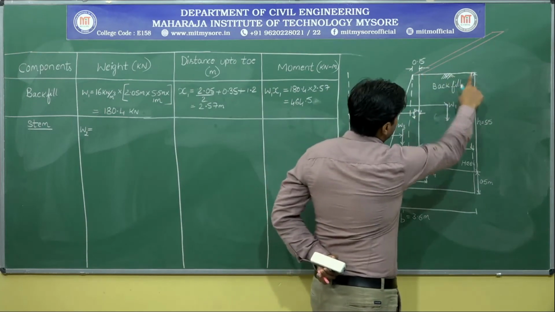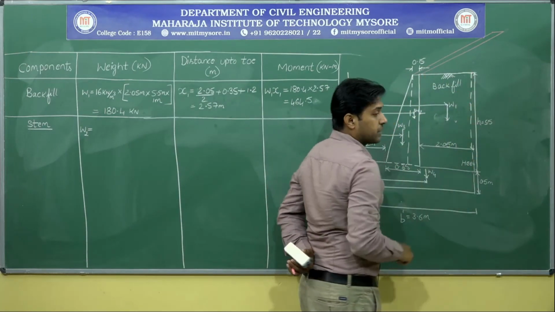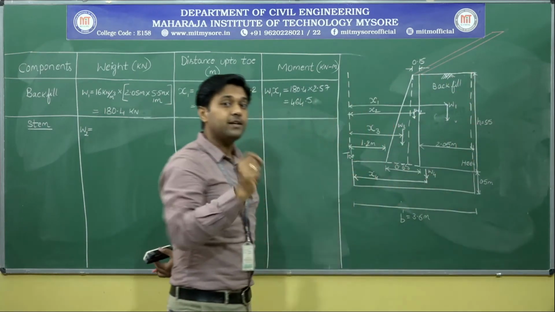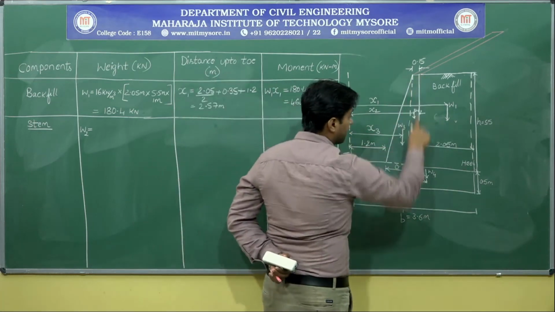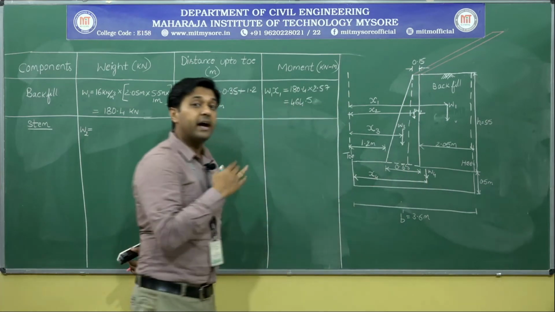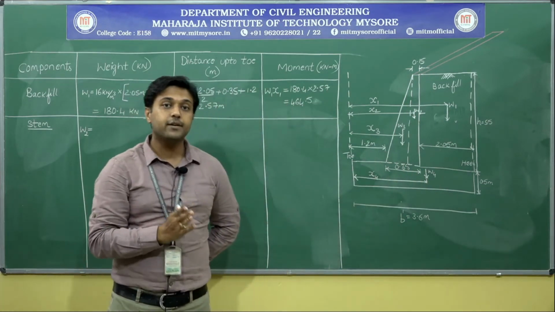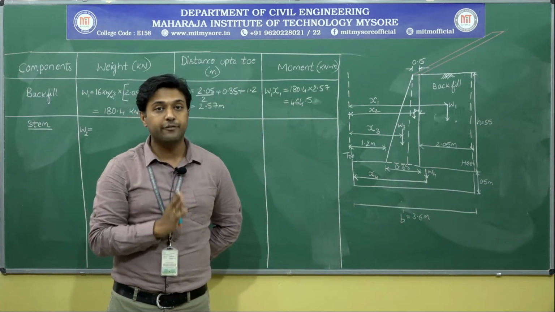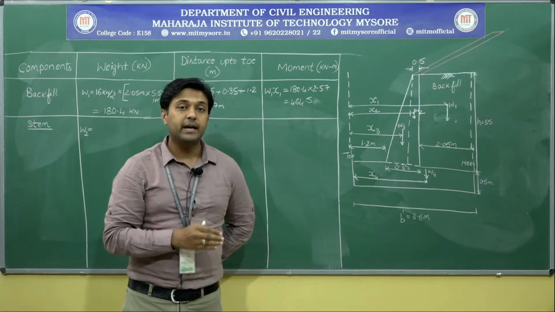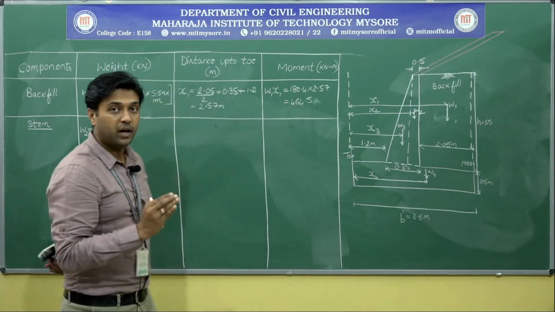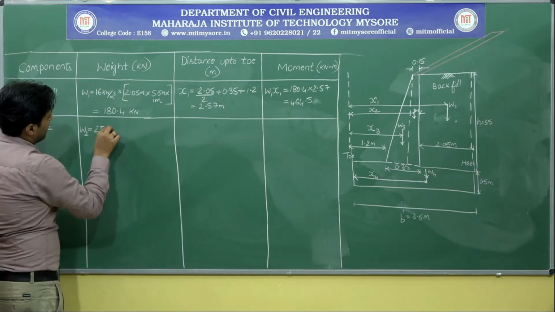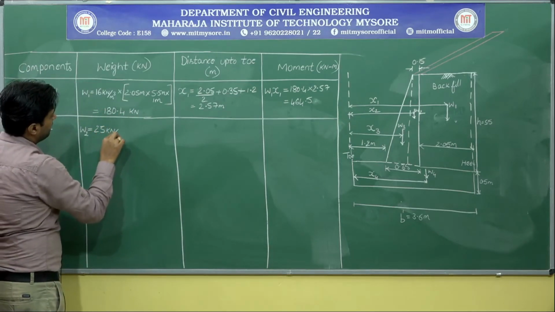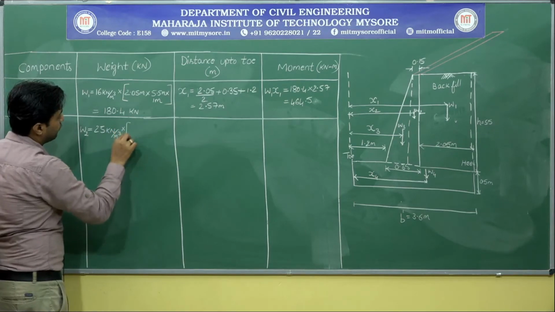In the starting one it was the backfill, that is the soil, so I considered the density of the soil. But now I am concentrating on the concrete structure, so I need to take the density of concrete. What is the density of concrete that we need to take? It is 25 kilonewton per meter cube.